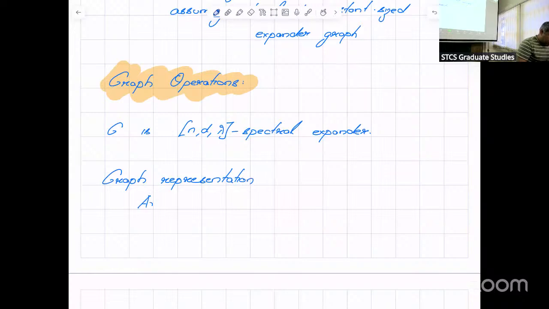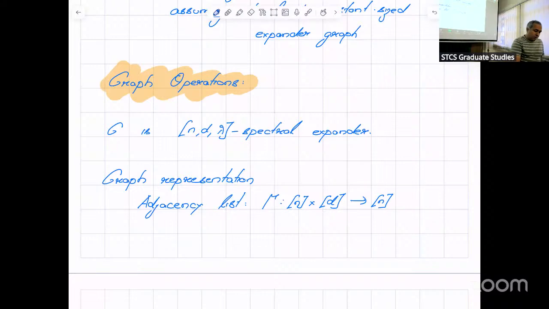One representation which you'll use quite often is the adjacency list representation. What do I mean by this? I'm going to give a function gamma from N cross D to N, so u comma i will be mapped to b, where b is the ith neighbor of u.